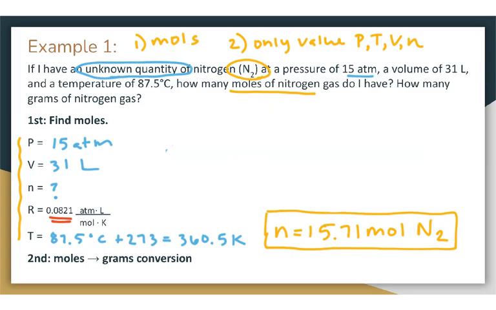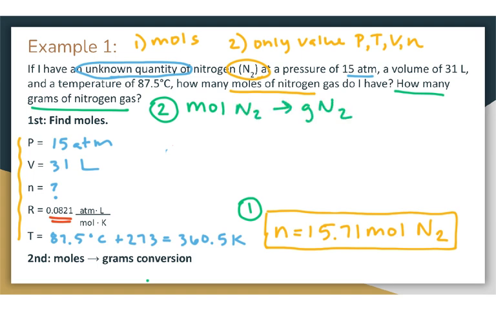All right, now looking at my second question, how many grams of nitrogen gas do I have? So in that first part, I found how many moles I had. Now in my second step, I'm going to go from moles of nitrogen to grams of nitrogen using my stoichiometry chart from a few units ago. So I've got that value, 15.71 moles of nitrogen, and I'm staying within that substance.